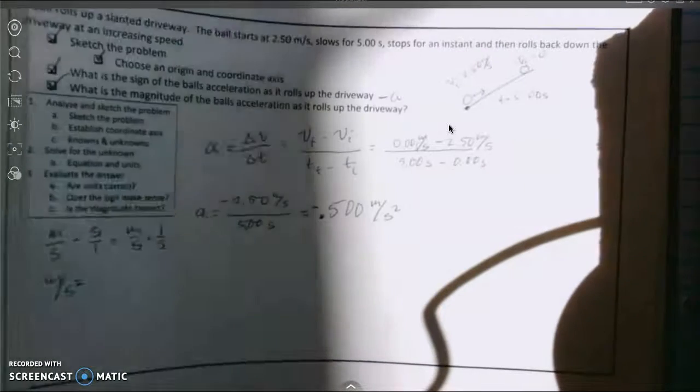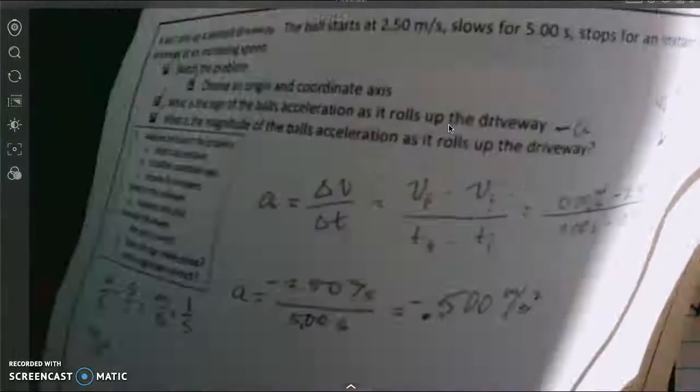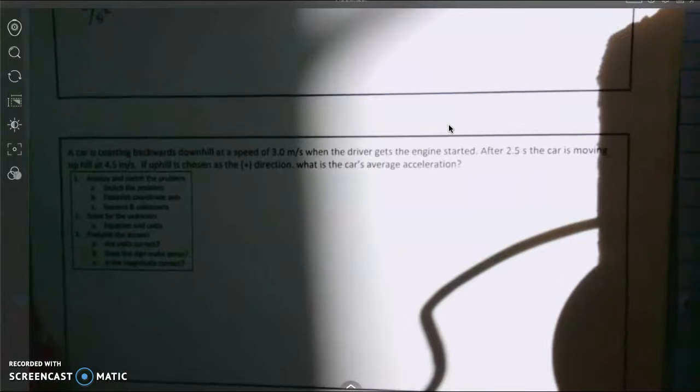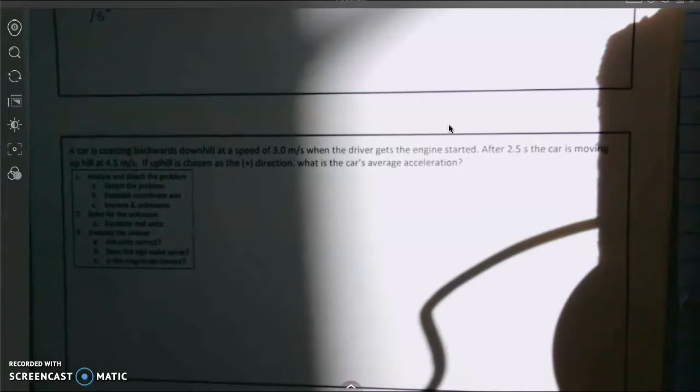Okay, what about the one below this? A car is coasting backwards down a hill at a speed of 3 meters per second when the driver gets the engine started.